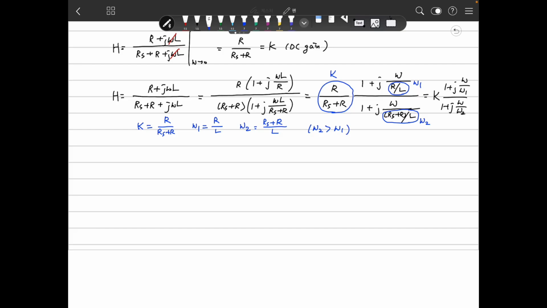And we want to get the gain. Gain means the magnitude of the network function. That will be K times the square root of (1 plus (omega over omega 2) squared) over the square root of (1 plus (omega over omega 1) squared).